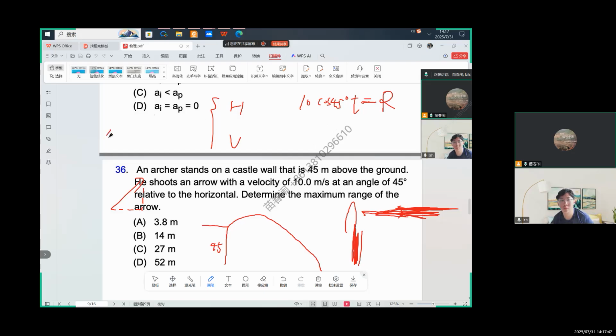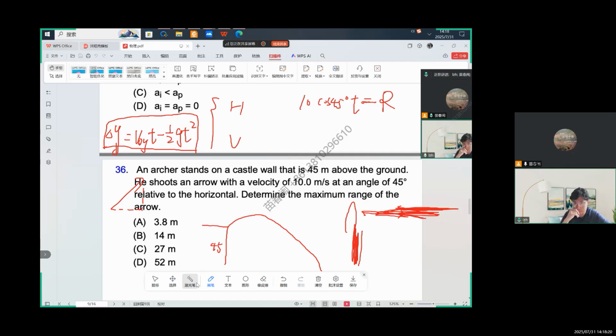We have a formula: delta y equals v0y times t minus 1 over 2 g t squared. I said it in a hurry last time in the end. So how do you express that in this one? We got delta y.